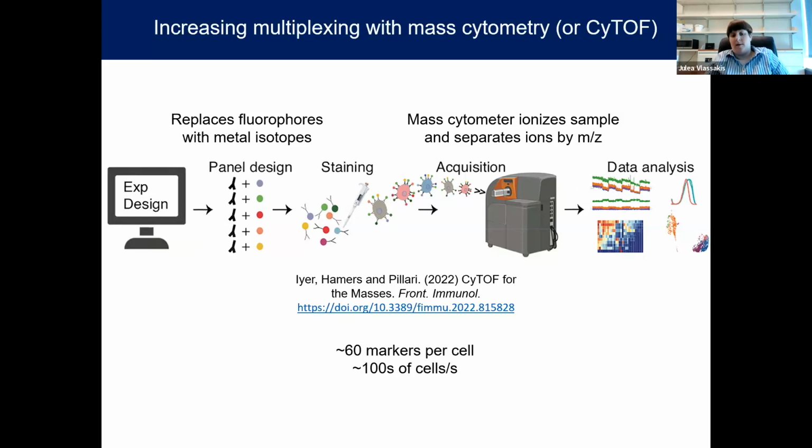And with a throughput of about hundreds of cells per second. So you can certainly get to many thousands of cells with mass cytometry readout. Okay, so this is already pretty exciting, getting up to this kind of 60 marker range.